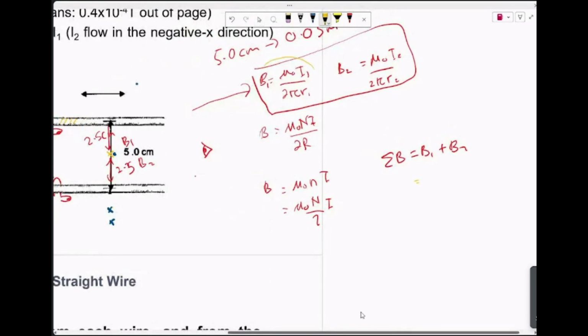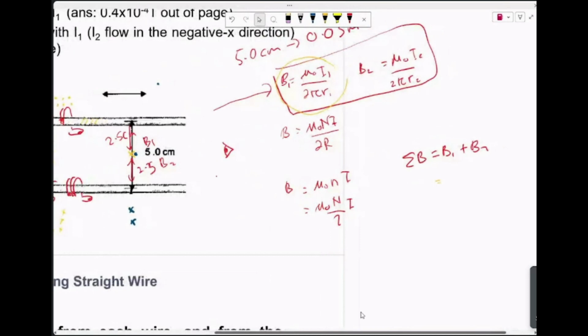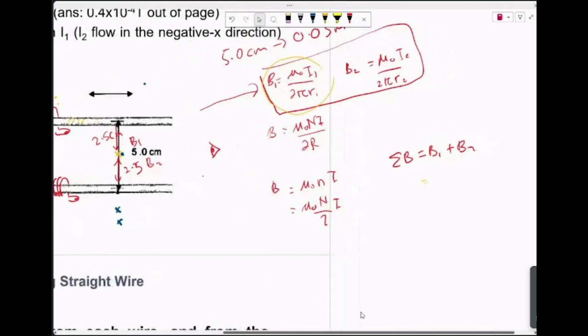When you do this calculation, it's okay for you not to get any positive or negative value. But when you add the summation, do remember, or you can immediately add this one B1 to be a negative value because it's into the page. You can do that, and there's no problem.